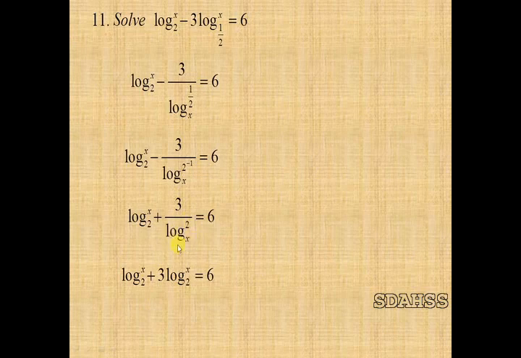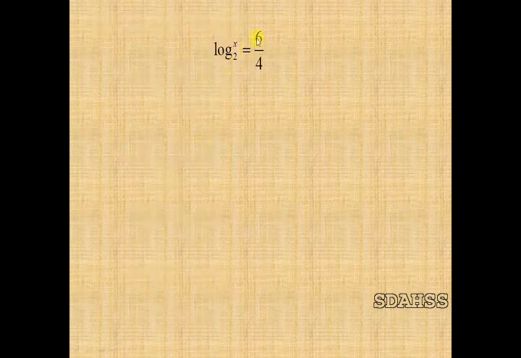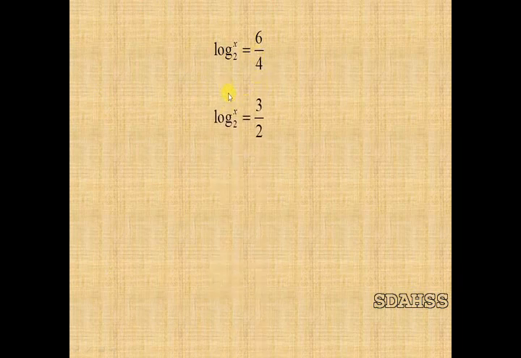Log 2 base x, we can write log x base 2 is equal to 6. Here log x base 2 plus 3 log x base 2, we can add. So you will get 4 log x base 2 equal to 6, which is log x base 2 is equal to 6 by 4. Cancel the numerator and denominator by 2. So this becomes 3 by 2. Log x base 2 is equal to 3 by 2.